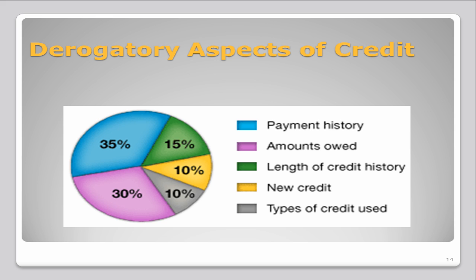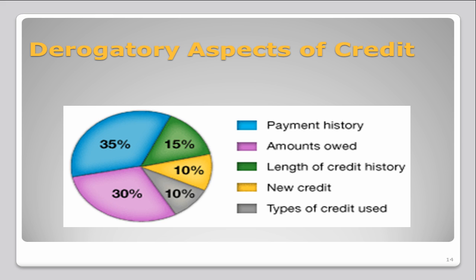All right, next in green, you'll see the length of credit history. You may recall earlier I was talking about how important it is that a lender see that you've established your credit history over a long length of time. So the longer that you have the credit history of paying on time, the better it's going to be. The importance of this is if you have old established accounts, it's not a good idea to close them.